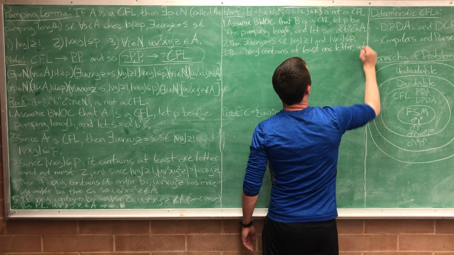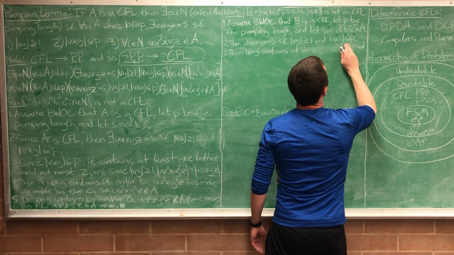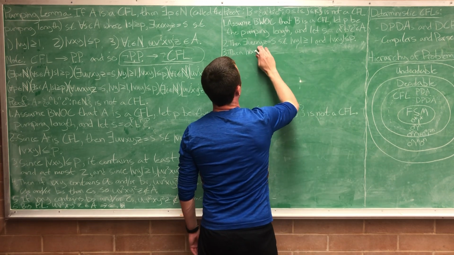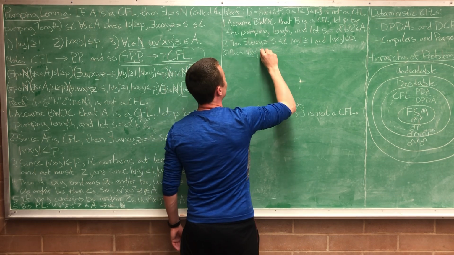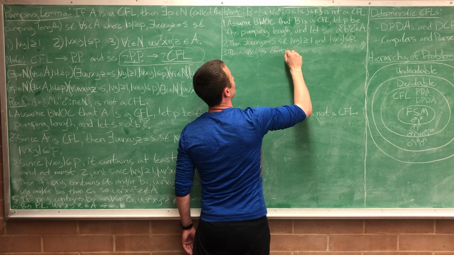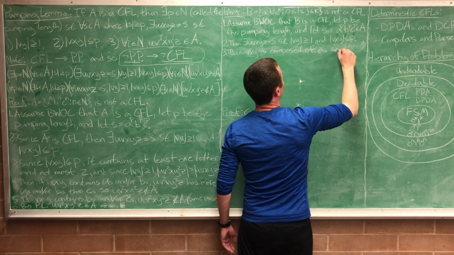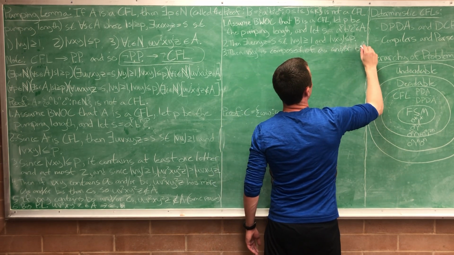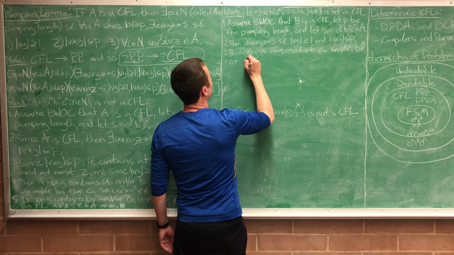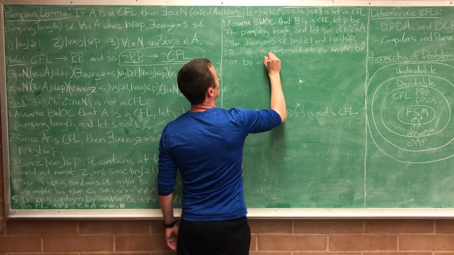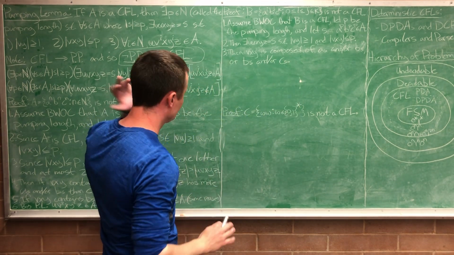Maybe a better way to say it: then the string vxy is composed of A's and/or B's, or B's and/or C's, right? That's a better way to say it.